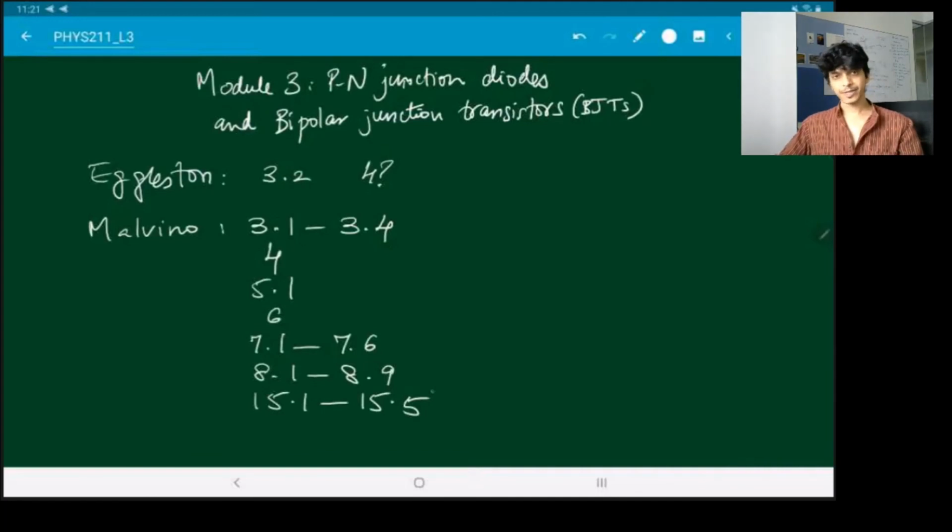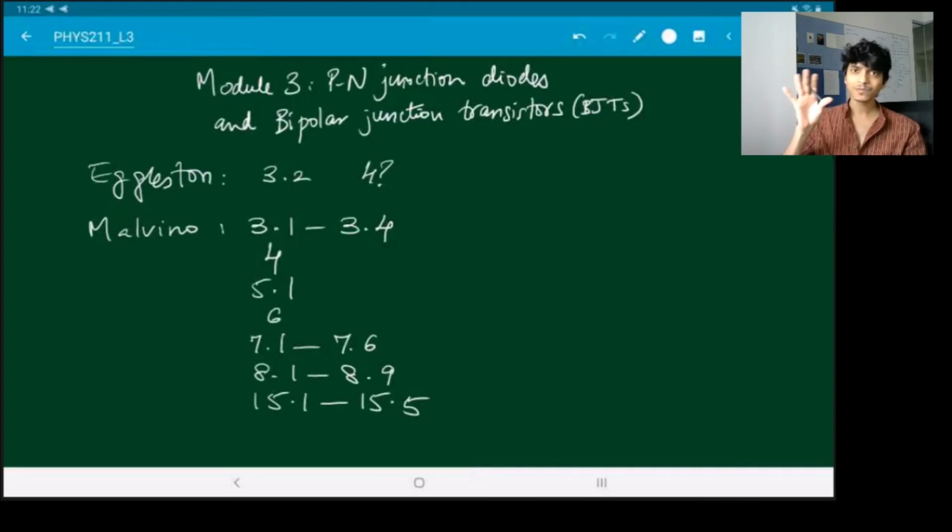Now you're probably freaking out that I have listed so many sections over here, but don't worry. If you look at these chapters of Malvino, you will notice that Malvino basically writes two equations on each page, and there is a very detailed, wordy description of what is going on. There are huge diagrams, lots of numerical examples, and towards the end of most of these chapters, he puts a lot of pages showing you what the actual component looks like, how to read the data sheet, how to troubleshoot problems, and so on and so forth.